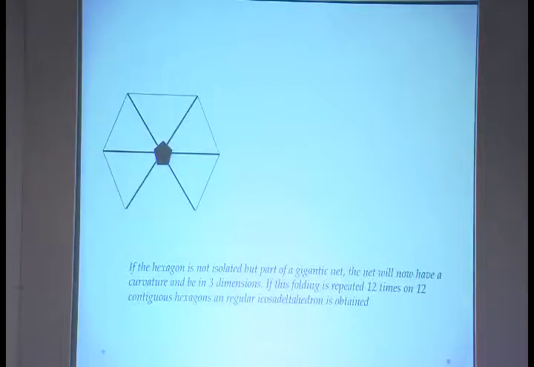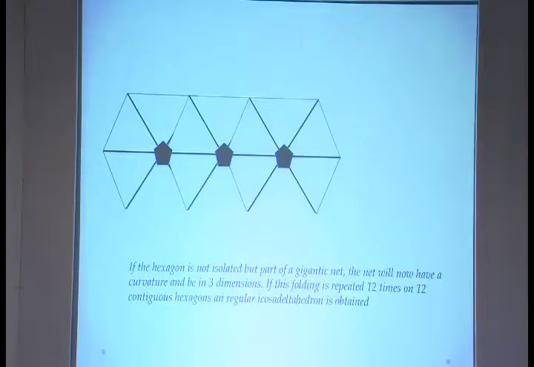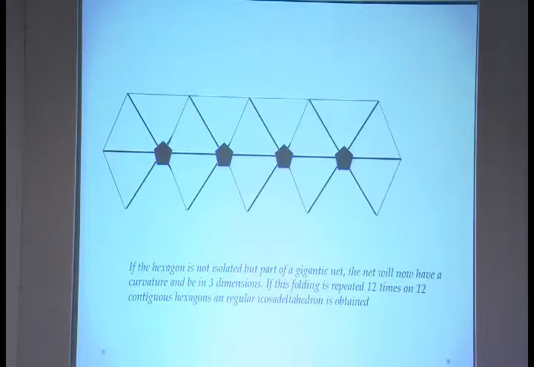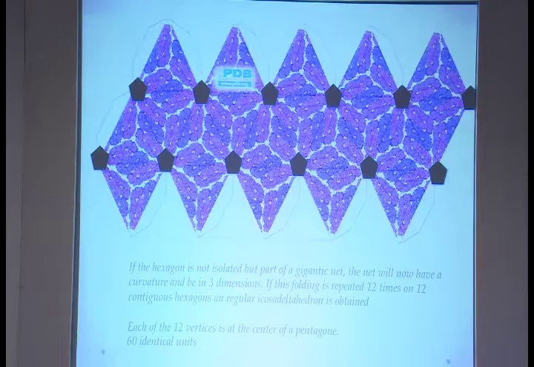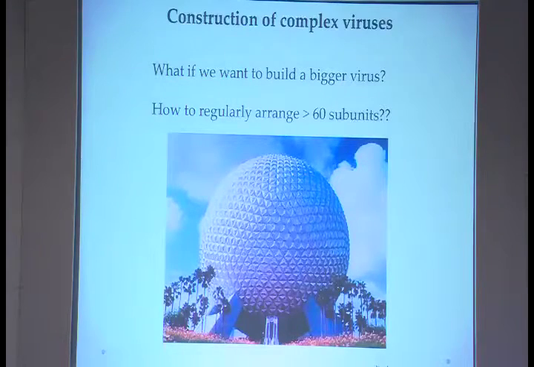Now, if the hexagon is actually part of a net, because you have removed one of the triangles there, the net now has a curvature in 3 dimensions. So if you repeat the same sort of folding 12 times, and you are imposing proteins on this, eventually you will generate a regular icosahedron.